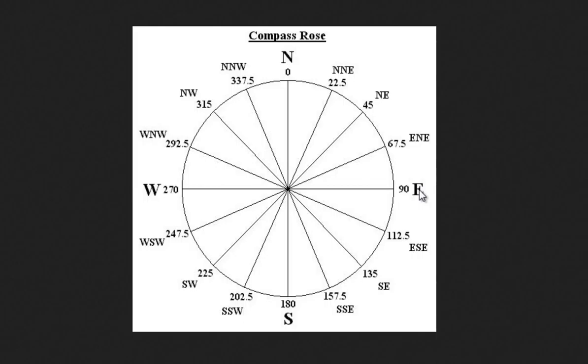When I take a reading from the compass, if I get a reading that's 45 degrees or more, and as long as it's less than about 135 degrees, so if it's in that band, I'm going to class all of that as east.